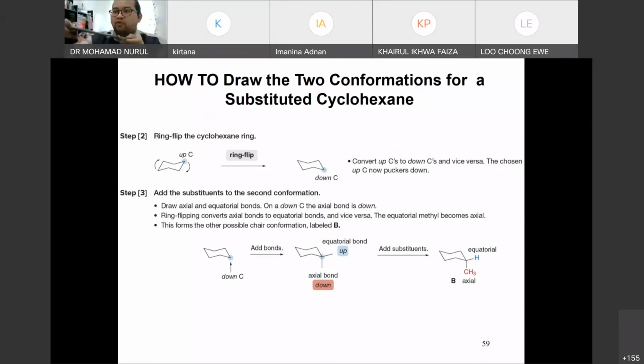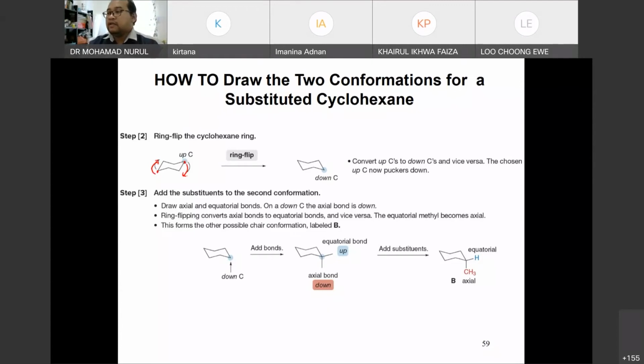You have to pull the carbon from here, pull it going down, and this carbon will go up. This carbon will go up, and this carbon will go down. Then you can create the second conformer.